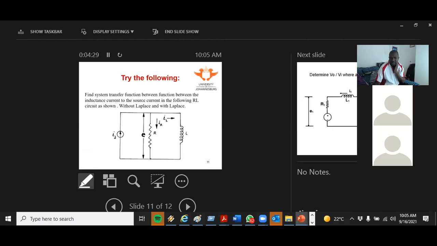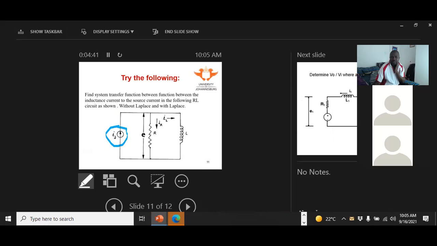You can go and try this one and see if you can do it. But look at this now. We are not talking about voltage. We are talking about the current source. You know the current divider rule, so you have to work out impedance. This is going to be your input, and that is going to be the output.